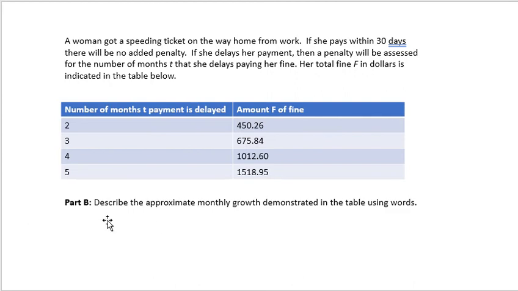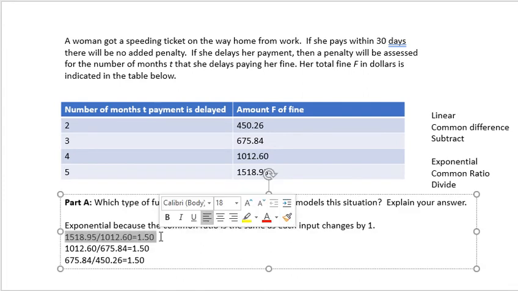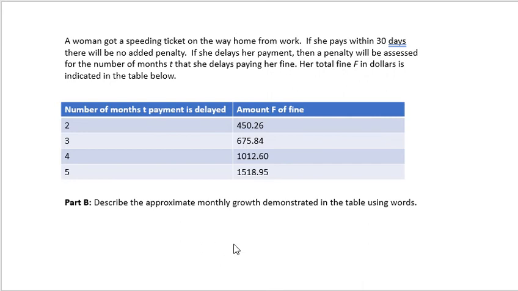So in part B, it says to describe the approximate monthly growth demonstrated in the table using words. Well, we just found in part A the growth factor. It's 1.5. So when we're describing that, that 1.5 means that as we increase by a month, the amount of money that she's going to owe on her ticket is going to increase by 1.5 times.